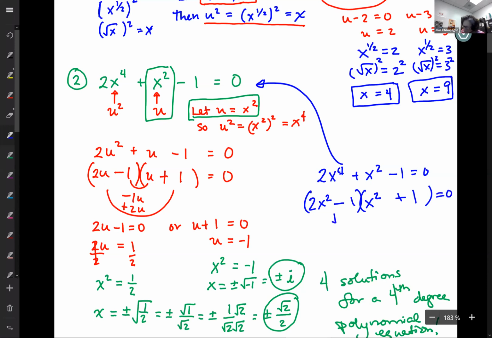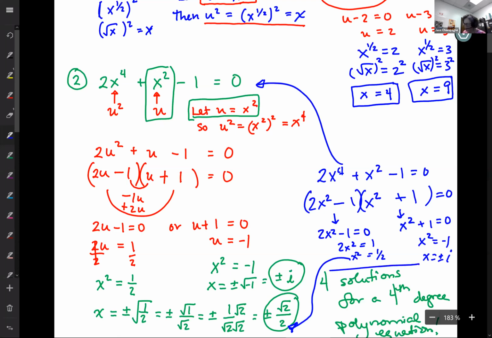And then you could set this equal to 0 and set this equal to 0. 2x squared equals 1, x squared equals 1/2, and so then x is the square root of 1/2. And then here x squared equals -1, so x is plus or minus i. And you get that one.